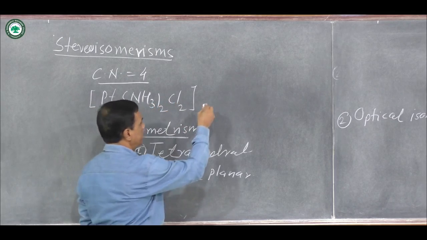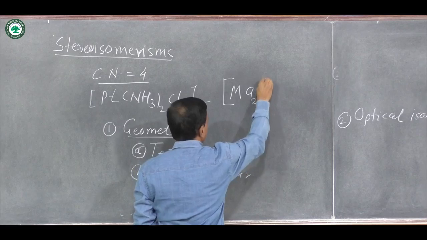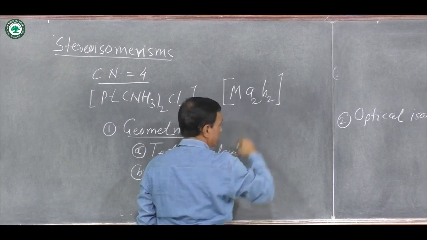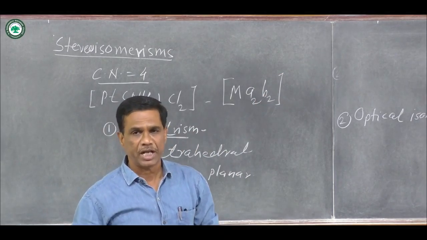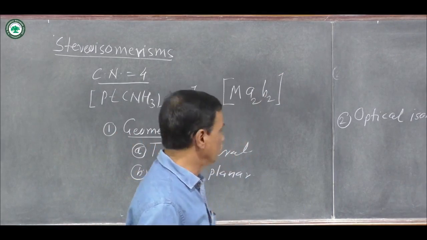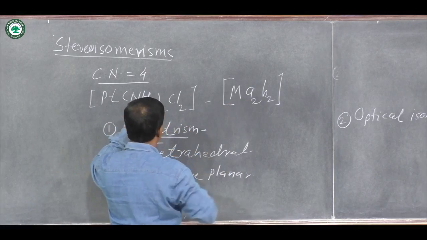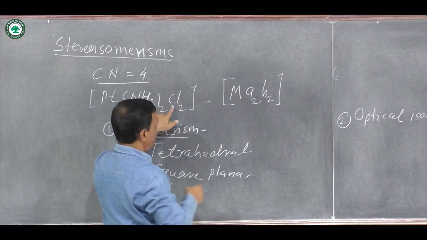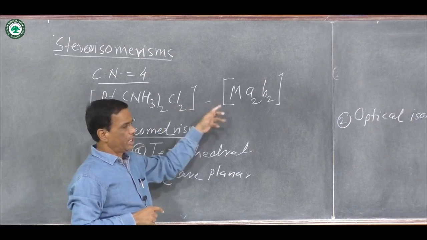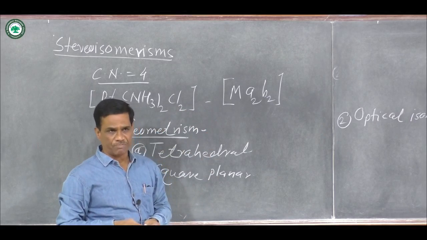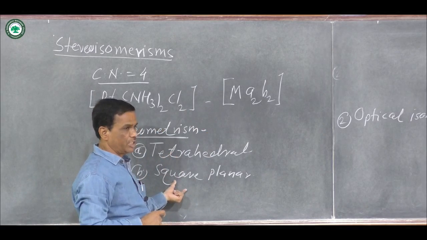In a general way, it is represented as MA2B2. Here M stands for the metal, A stands for the two ligands, and B stands for the second two ligands of chloride. Like that, various complex compounds are formed, and they show tetrahedral and square planar arrangements.